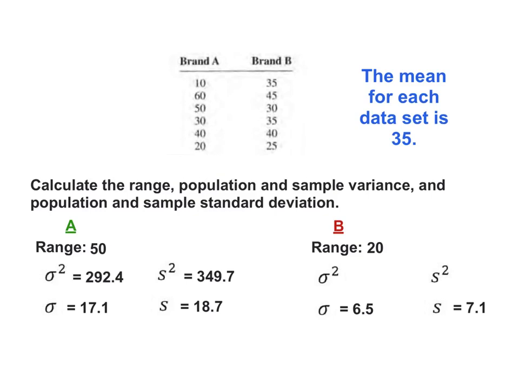Most of the time, you're only going to have one list. I put these two to just show a comparison so we can see that even though the data has the same mean, the spread of the data is very much different. And so if we look at this, what we should be able to conclude is that because these numbers are so much bigger than these numbers, B is spread out less, or A is spread out more than B. Meaning, this data is more closely bunched to the mean than this, which we could tell from this data anyway, because it's a small set of data.